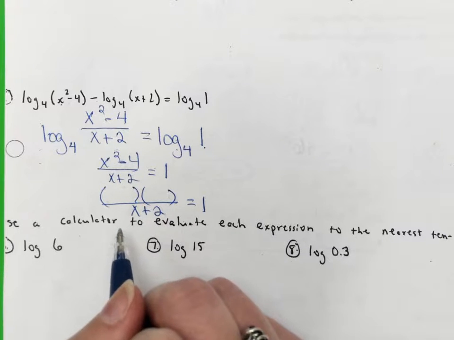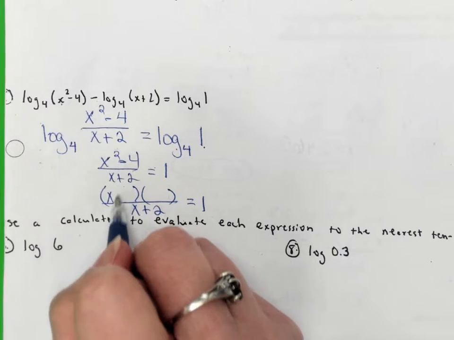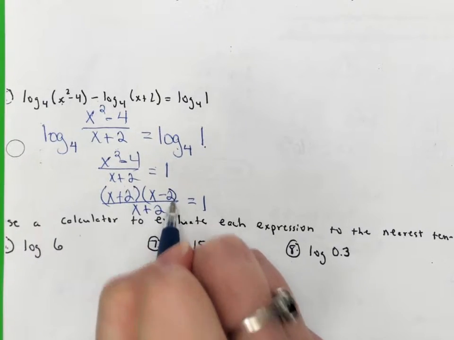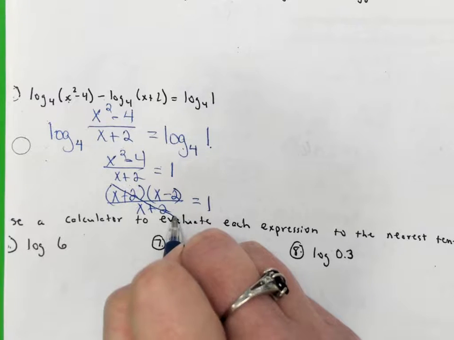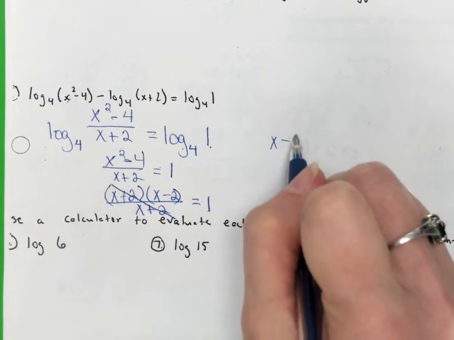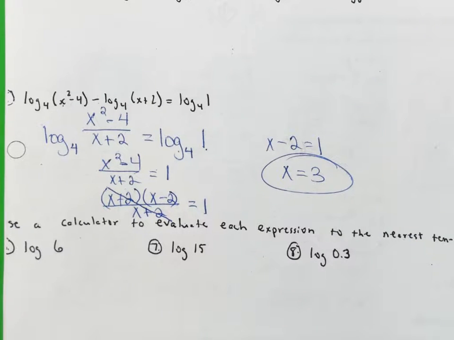So, how do I split up x squared minus 4? And what do you notice? Those go away. Very good. And so I have x minus 2 equals 1. You said add the 2. You are correct. And my answer is 3.